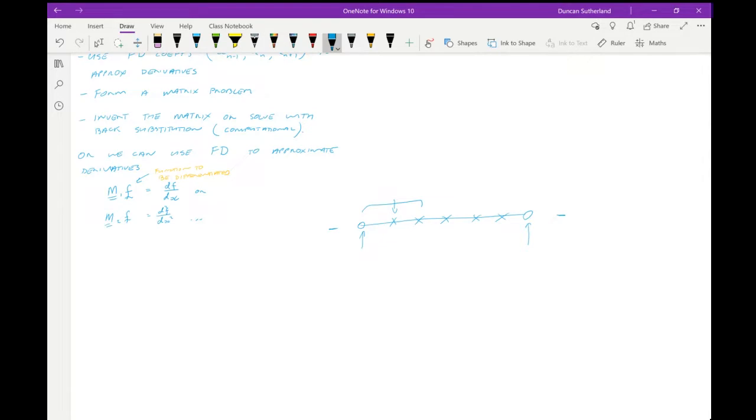In these cases, we use what's called a non-centered method. So we could use, to evaluate the derivative at this point, we could use information from here and here. Still the same number of points to form the approximation as we used for the centered method, but it's now not centered, it's offset, right? This one's called the forward method because you're using points ahead, and by analogy, this is called the backwards.